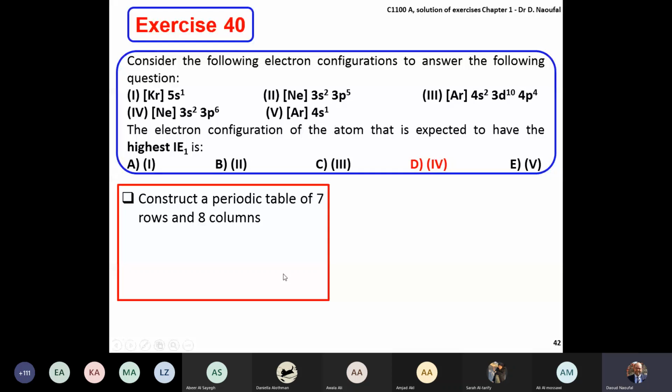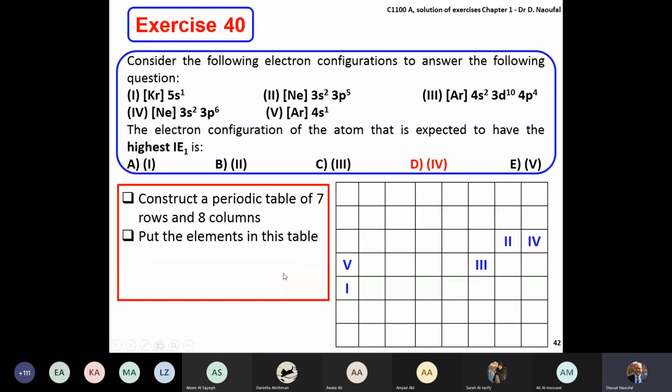The periodic table for blocks S and P is composed of 7 rows and 8 columns. Second, we put these elements in the table, and we follow the trends. So I construct a periodic table: 2, 4, 6, 8. We have 8 columns for blocks S and P. 2, 4, 6, 7. We have 7 periods.